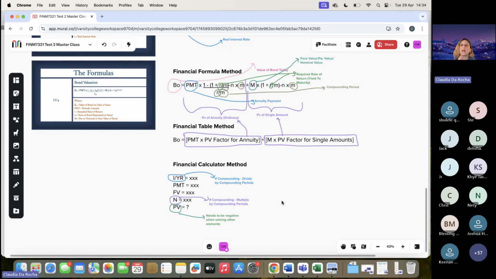And also it will help to clarify in terms of using period per years or not, because I'm not going to use period per year. I'm going to multiply the N by the M and divide the interest per year by the M. If you use your formula, you're literally just going to plug in all the items. If you use your financial table, same thing, you just got to find your factor.